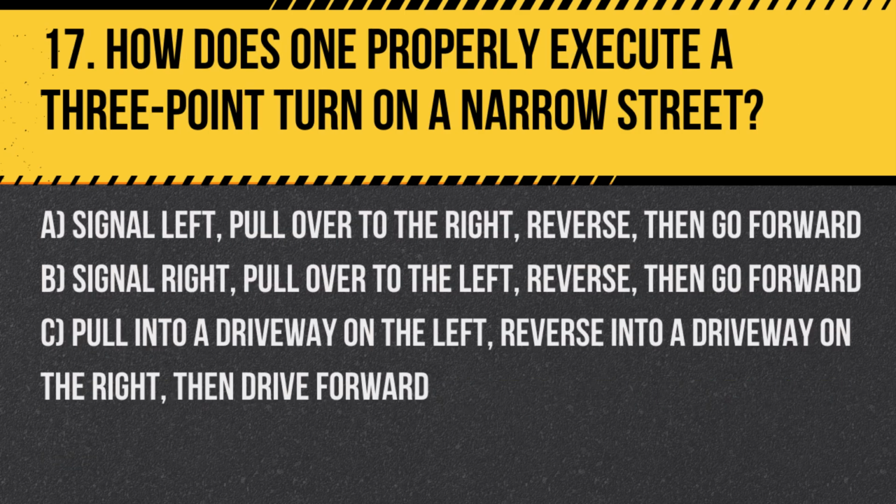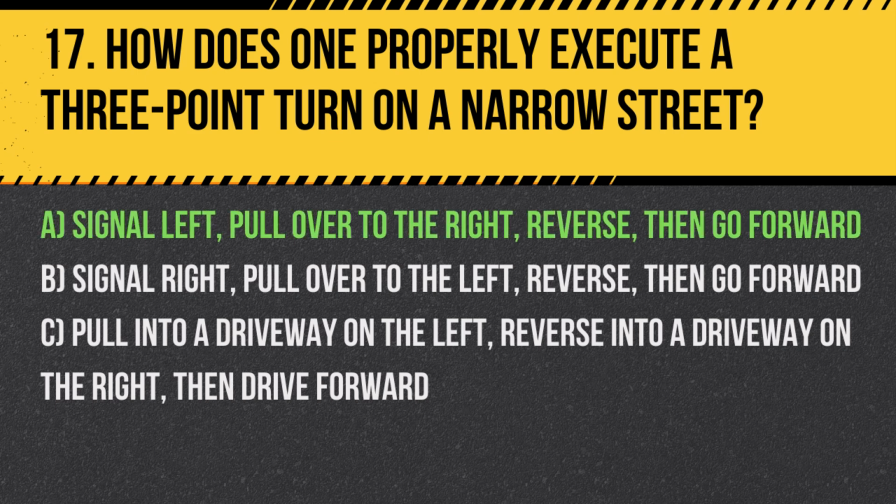Question 17. How does one properly execute a three-point turn on a narrow street? A. Signal left, pull over to the right, reverse, then go forward. B. Signal right, pull over to the left, reverse, then go forward. C. Pull into a driveway on the left, reverse into a driveway on the right, then drive forward.